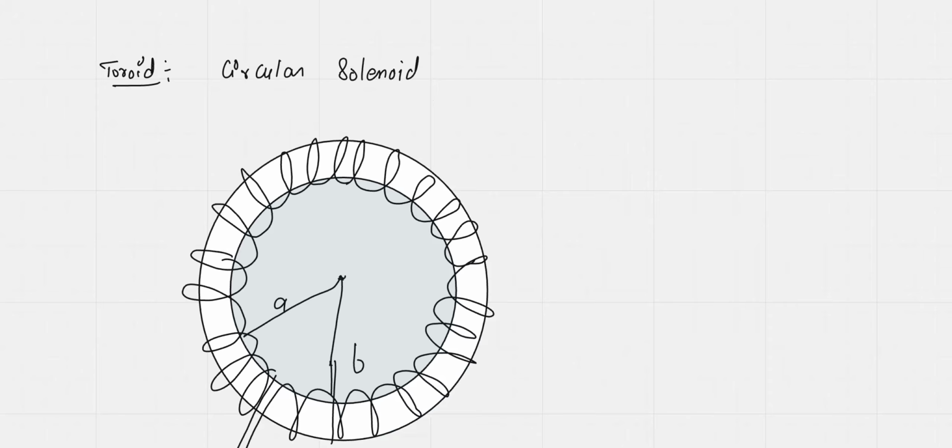If I ask you about the radius, you know it contains two different radii. It has two values of the radius, right? One is A, another is B. If I ask you what is the central radius, you can say the central radius is this.